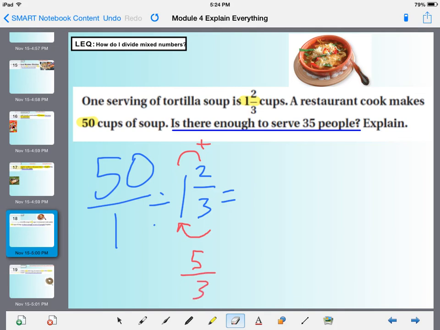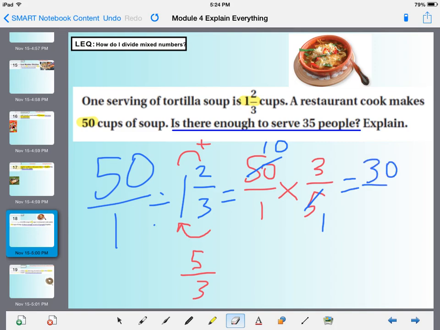We're going to leave that first fraction the same, 50 over 1. We're going to turn that division to multiplication, and we're going to do the reciprocal of 5/3, which is 3 over 5. We're going to go ahead and simplify. We know that 5 goes into itself one time, goes into 50 10 times, and 10 times 3 is 30 over 1, or 30.